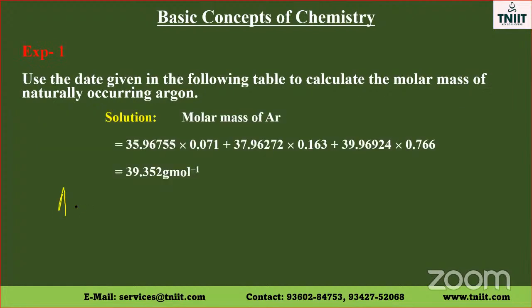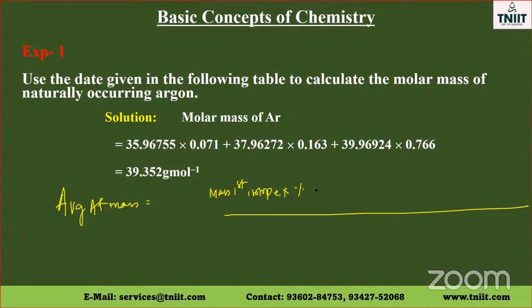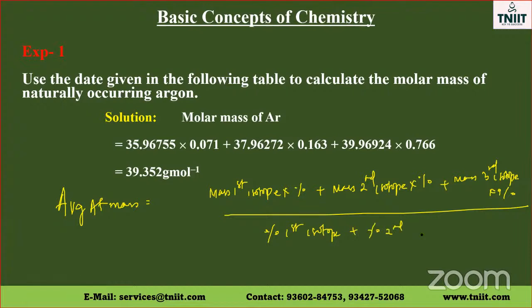So we learned average atomic mass is calculated by the formula: mass of first isotope into percentage plus mass of second isotope into percentage plus mass of third isotope into percentage, divided by percentage of first isotope plus percentage of second isotope plus percentage of third isotope.